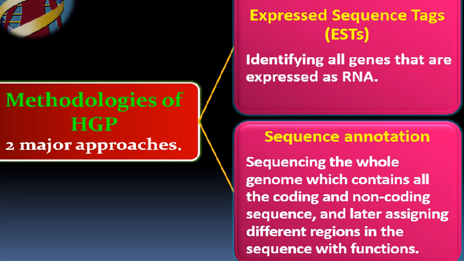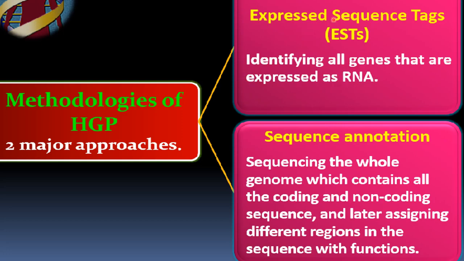Now, the methodologies which were used for the Human Genome Project. There are two major approaches which can be used for the sequencing of a genome. First is expressed sequence tags. In expressed sequence tags, as the name indicates, expressed sequence means the sequence of the genome which can express itself in the form of RNA.